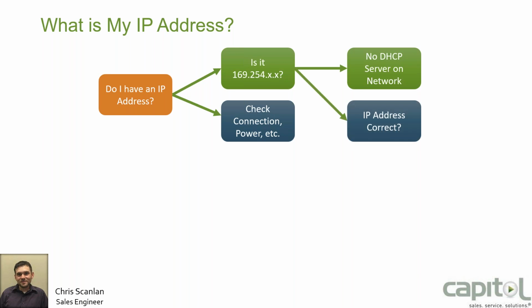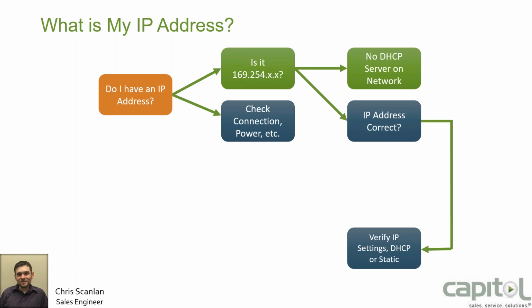Next one, is my IP address correct? You're going to want to go into the device and verify the IP settings. Maybe somebody set it to a static IP, and now you manually put in your IP address, your gateway, your DNS, your subnet into that device, your laptop, your phone, whatever you're trying to connect from, and it's not the same thing.